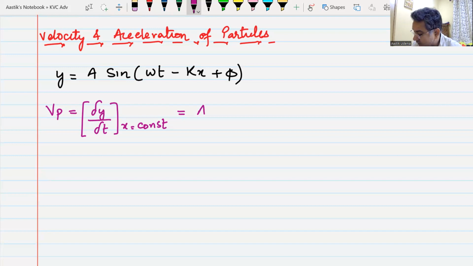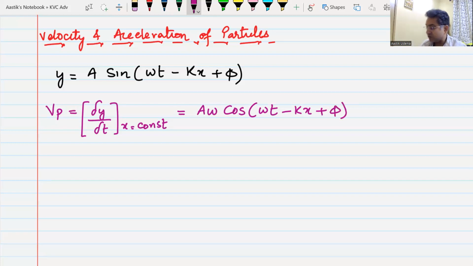So it will come as a omega cos, only t is the variable, the rest is constant. So omega comes out and you have a omega.